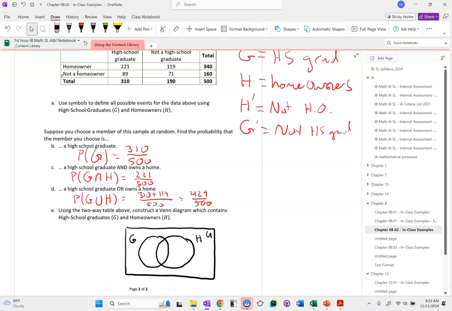Great, that's correct. So those are the homeowners and graduates. Where does the 89 go? Yeah, that goes over here. And then how about the 119? Okay, and then the 71.